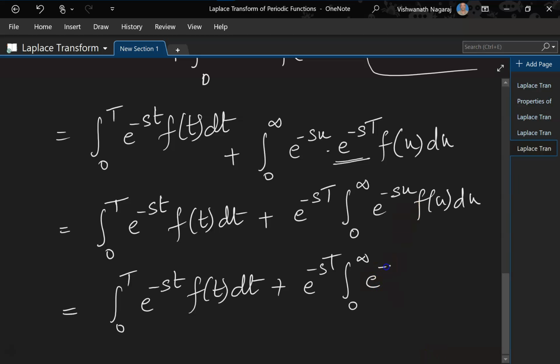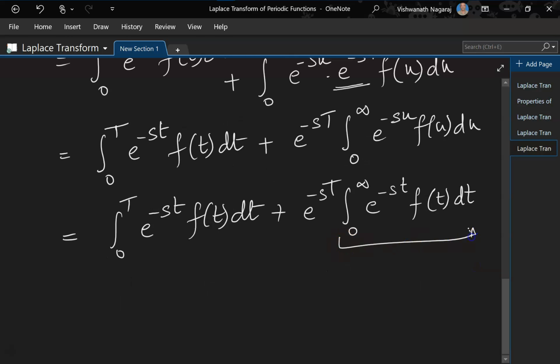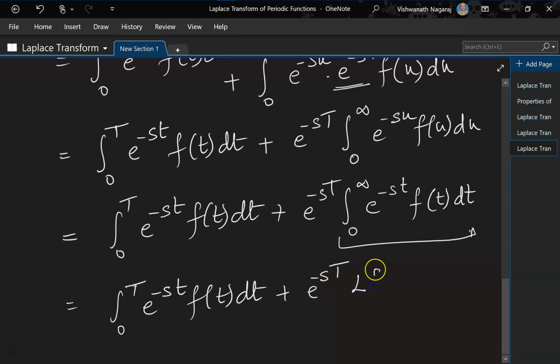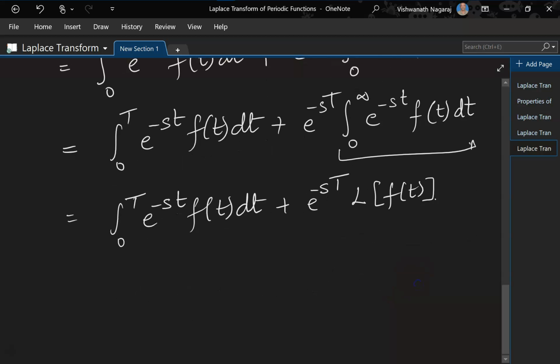So we write e to the power of minus st f of t dt. If you notice, this is nothing but the Laplace transform of f of t. And the left hand side is also the Laplace transform of f of t.